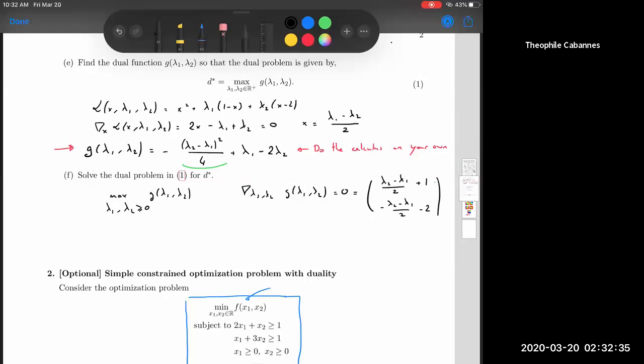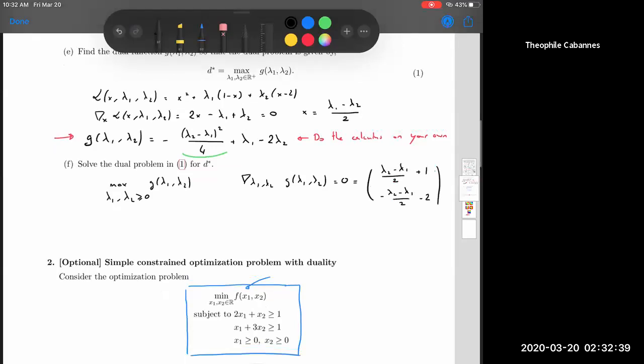So this should be equal to 0. So both should be equal to 0. And this will give us, I think you will not be able to find a solution where lambda1 and lambda2 are both equal to 0.